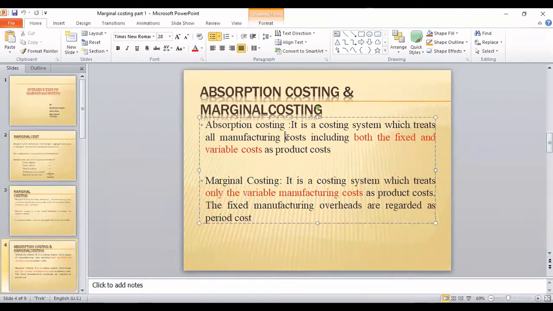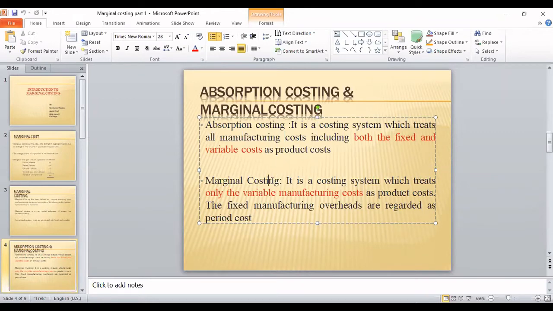Let's see the simple distinction between absorption costing and marginal costing. Absorption costing is the normal, traditional costing where we recover both variable cost as well as fixed cost. It treats all manufacturing costs as product cost, whether fixed or variable.